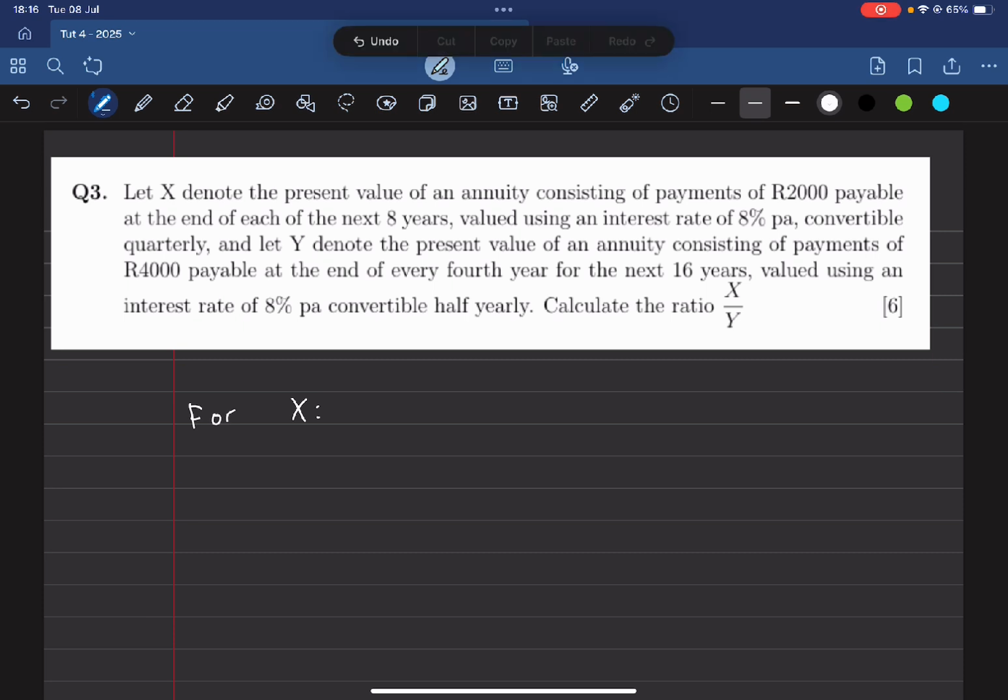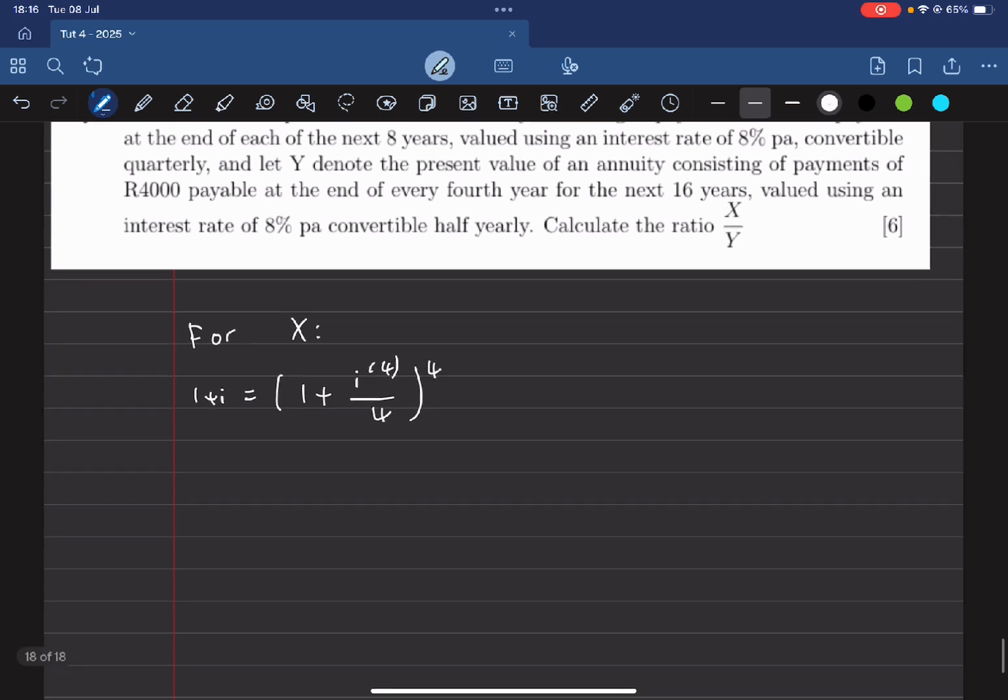So the way we're going to do it is we're going to use 1 plus i is equal to 1 plus i(4) divided by 4, to the power of 4. So then i is going to be 1 plus 8% over 4, to the power of 4, minus 1, which gives us 0.082, which I will store in my calculator as A for future.